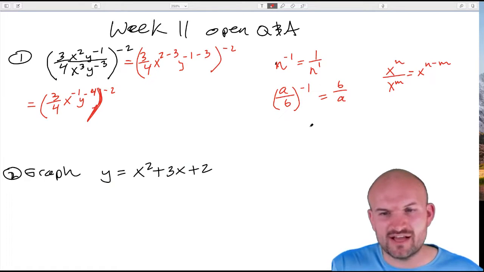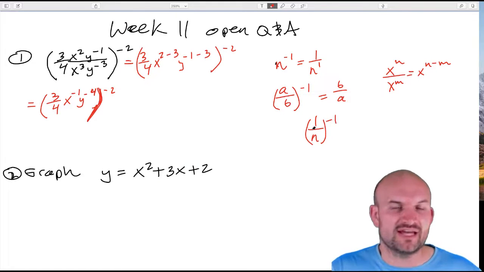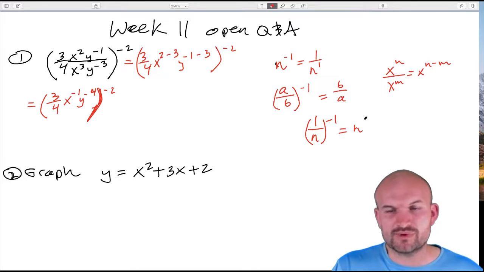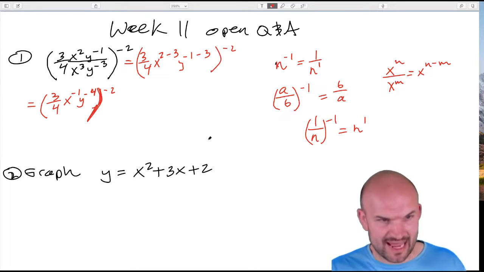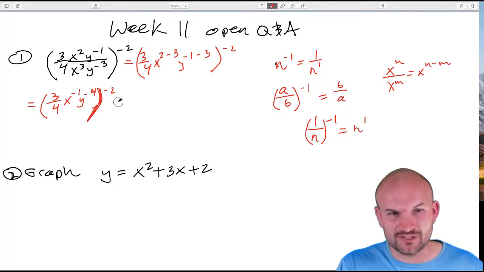And just a little FYI, this rule also works with a fractional exponent where 1 is in the numerator, you can just write that as n to the 1. But that's not the case that we have here. So I'm going to rewrite these, still using my negative exponents.